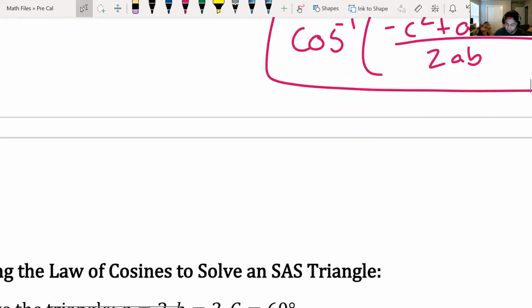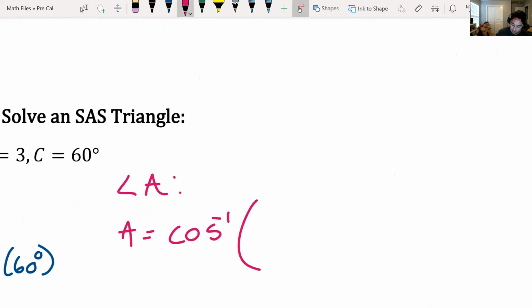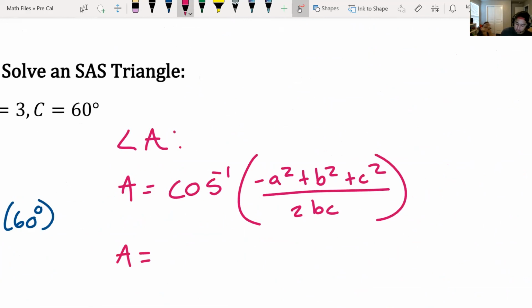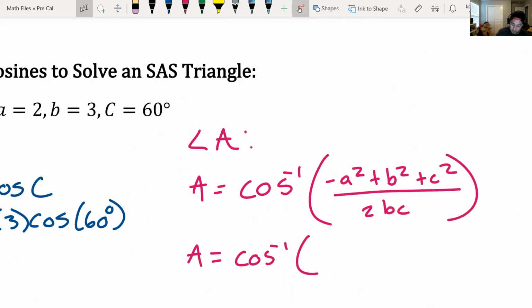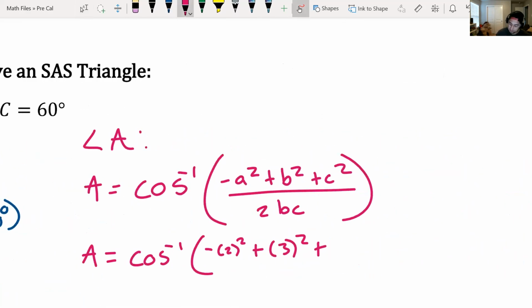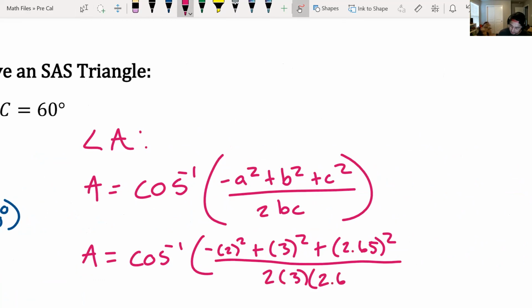Then A equals the inverse cosine of, so A was 2, negative 2 squared plus 3 squared plus C, which is my 2.65, squared, all over 2 times B times C, 2.65.